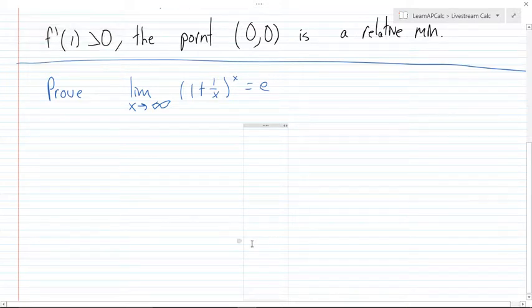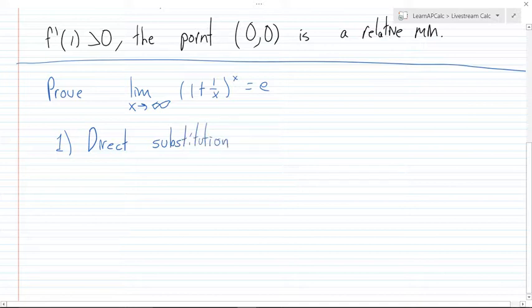Okay, so first, we always do direct substitution first. So our first method, direct substitution. If we plug in, we get 1 plus 1 over infinity to the infinity, which is 1 to the infinity.